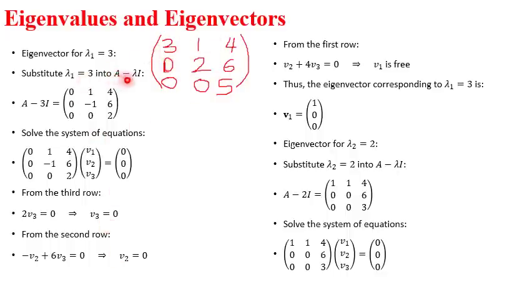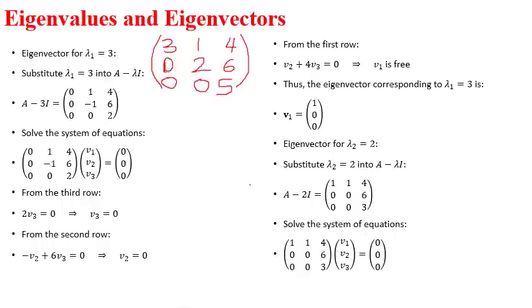So when we substitute 3 for lambda here, that will be 3 multiplied by the identity matrix, and the identity matrix is such that you have the diagonal elements being 1. When you multiply 3 with the diagonal elements being 1, what you get is something like this for the identity.